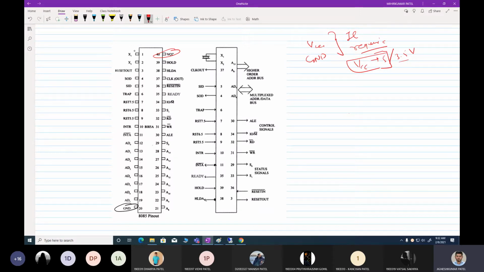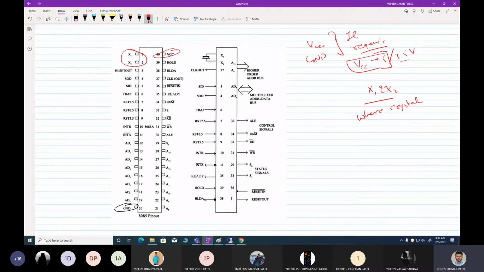Then the second important pins are these two, X1 and X2. X1 and X2 are basically the pins where we are going to connect a crystal. We know what a crystal is: it is a kind of oscillating device which will generate a frequency.